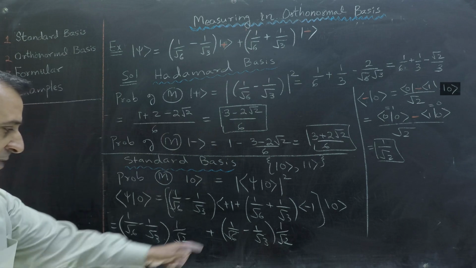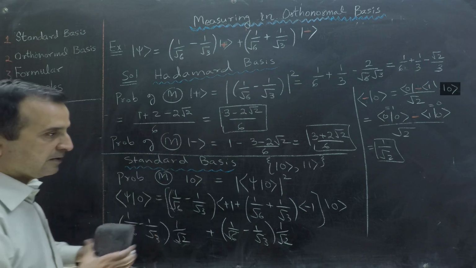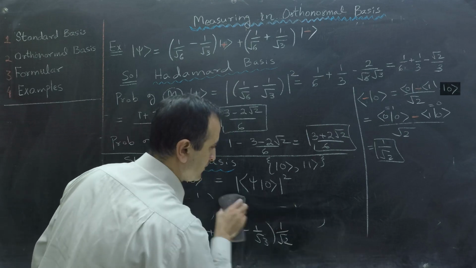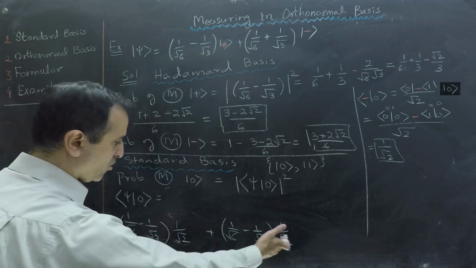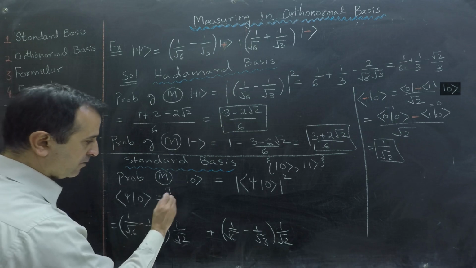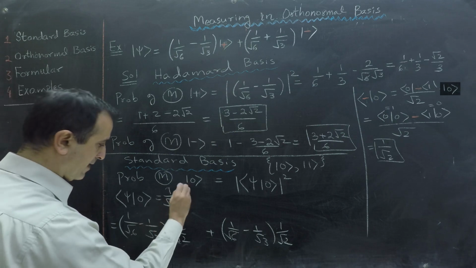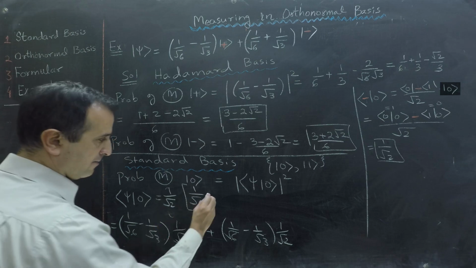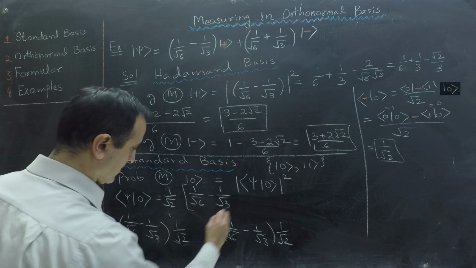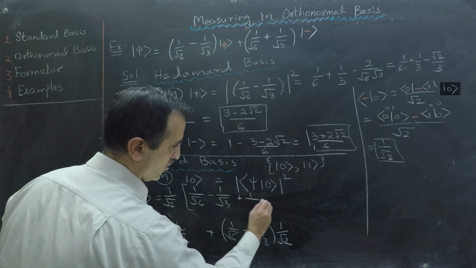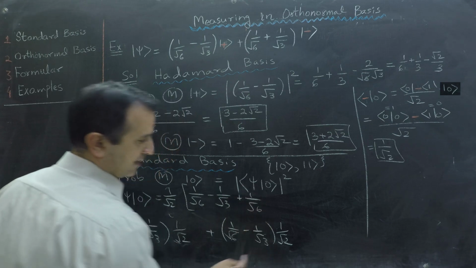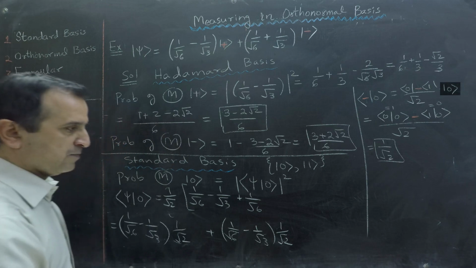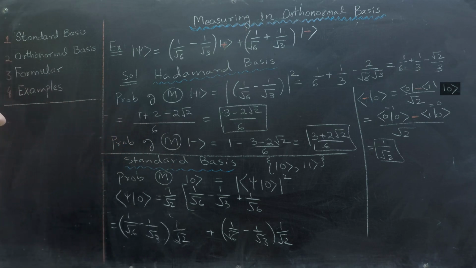So I have to simplify it further, so I'm just making some space here. I take 1 over square root of 2 as common, and inside I will have 1 over square root of 6 minus 1 over square root of 3 plus 1 over square root of 6, and I've made some mistake somewhere.